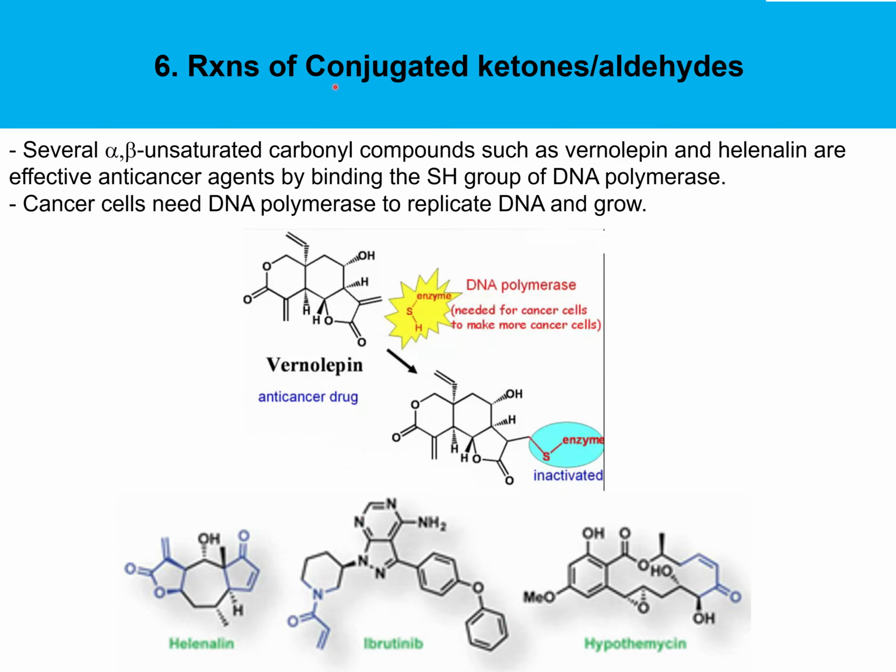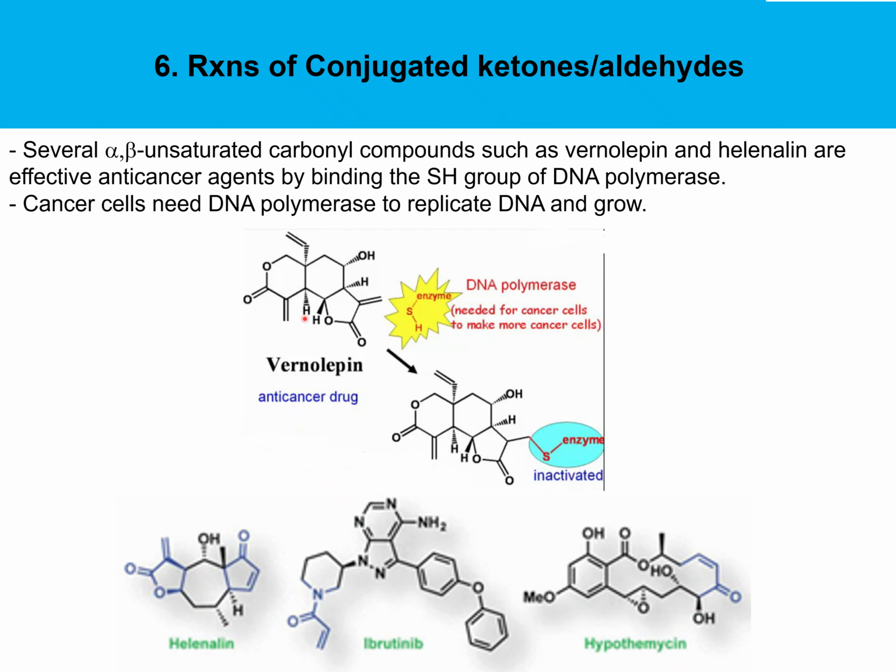There are several anti-cancer drugs that contain an alpha-beta unsaturated carbonyl of some sort. For example, this anti-cancer drug shown here, vernolepin, has an alpha-beta unsaturated double bond that is next to this lactone or cyclic ester.